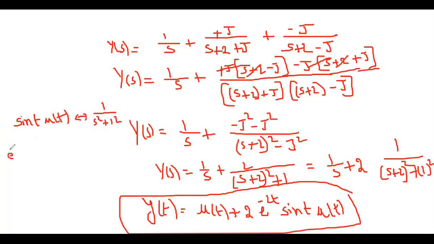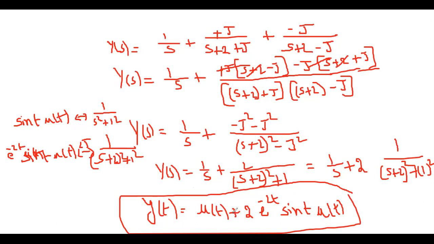When it is multiplied with e power minus 2t mu of t, e power minus 2t sine t mu of t, the Laplace transformation is 1 by, wherever the s is there, you can replace the s plus 2 whole square plus 1 square. So mu of t plus 2 into e power minus 2t sine t mu of t. You take the mu of t as common and right here it is a 1.